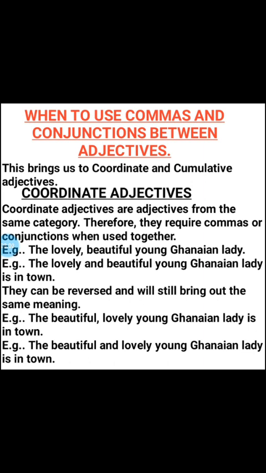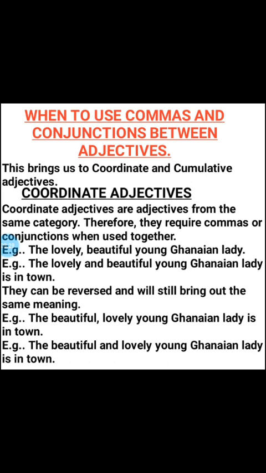With coordinate adjectives, they can be reversed and they will still keep their meaning intact. So we can see with the sentences below, we have, the beautiful, lovely, young Ghanaian lady is in town. Instead of the lovely, beautiful, we have changed it to the beautiful, lovely, and they still bring out the same meaning.